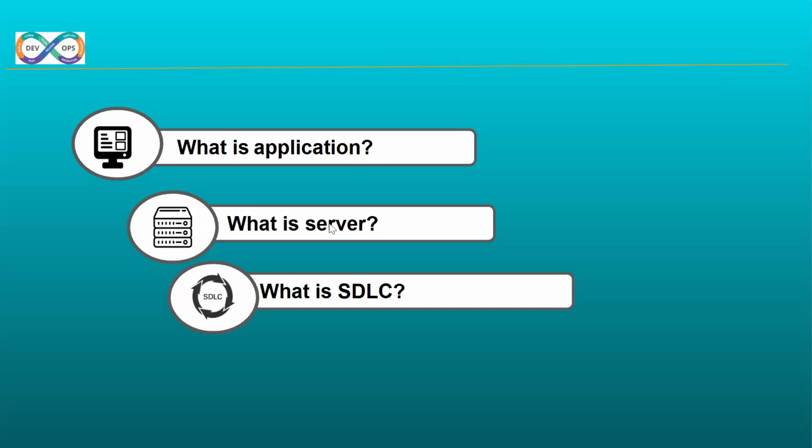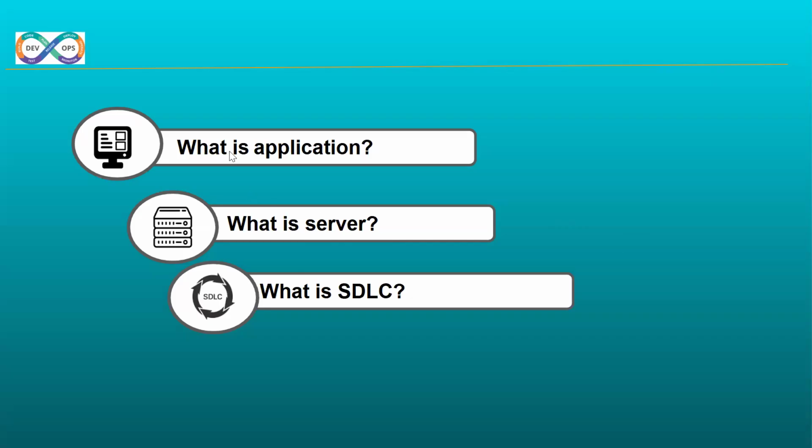That application is placed on the server side. Once it is placed on the server side, we can access it on the internet as a website like Flipkart or Amazon, BookMyShow.